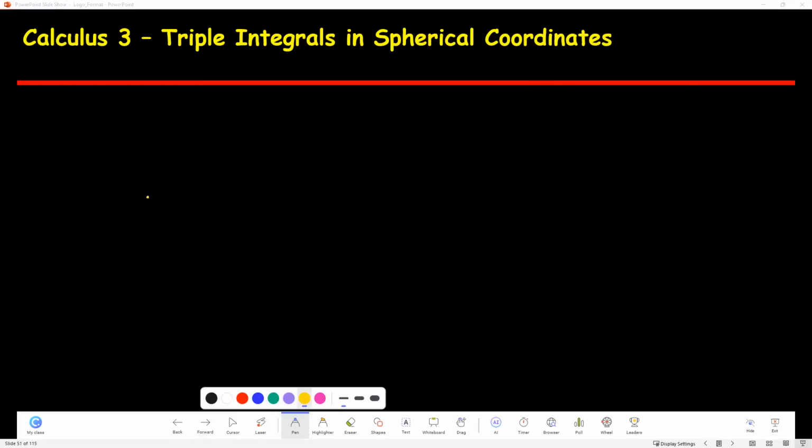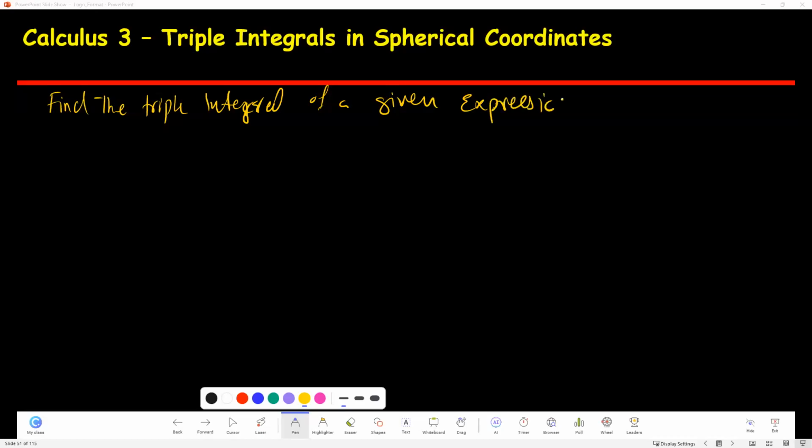Now let's look at another problem. In this problem, find the triple integral of a given expression. So really the integral is given here.